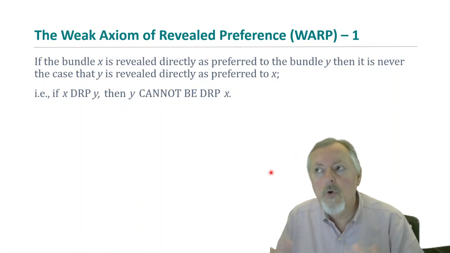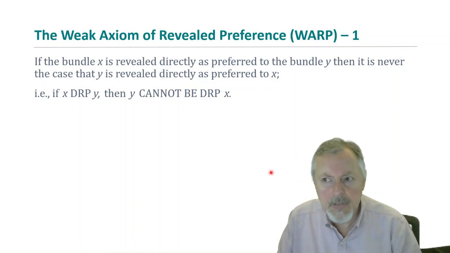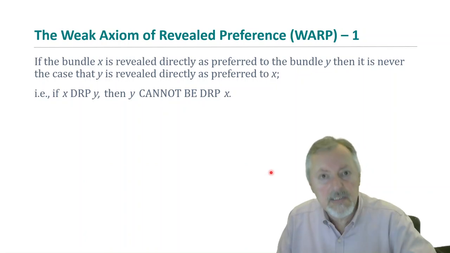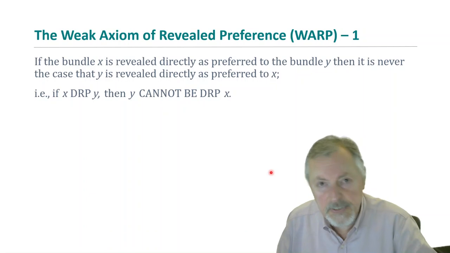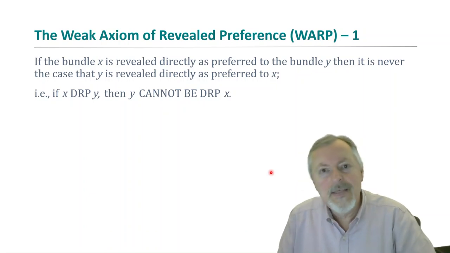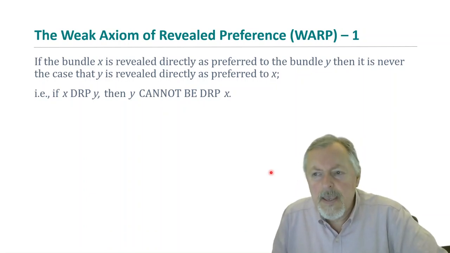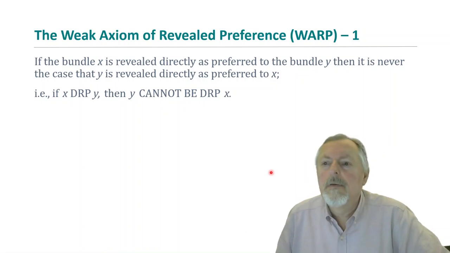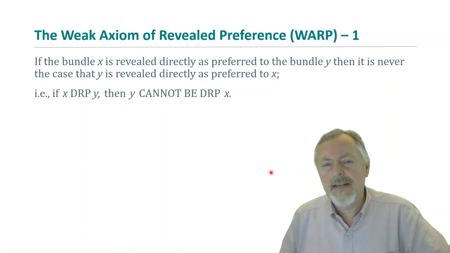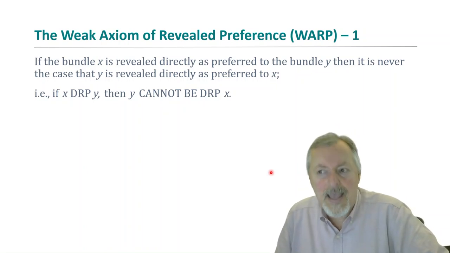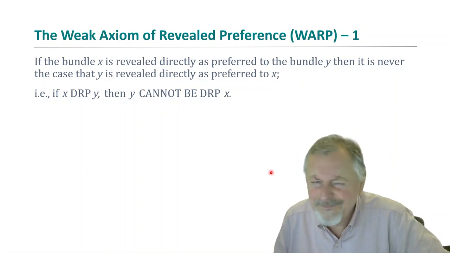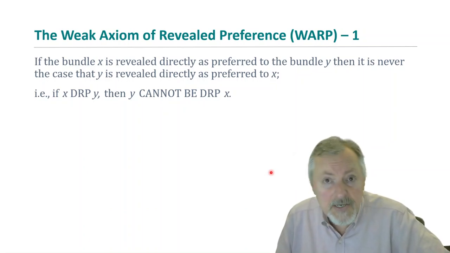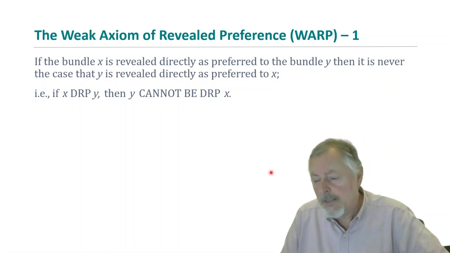Let's say somebody can afford bundle X and bundle Y. They pick X. That tells you they have directly revealed they get more utility from X than Y. Then later, they can still afford both, and they pick Y. Well, that would say that they like X better than Y, and they like Y better than X. That would be a violation of WARP, a violation of the weak axiom of revealed preference.